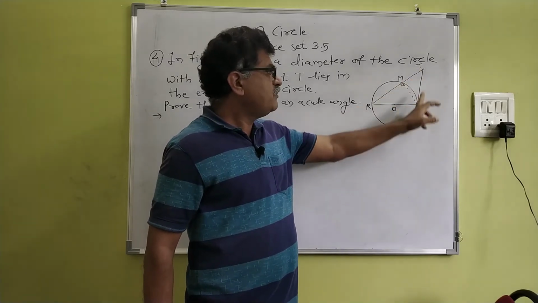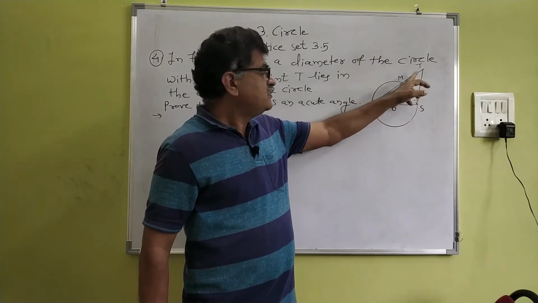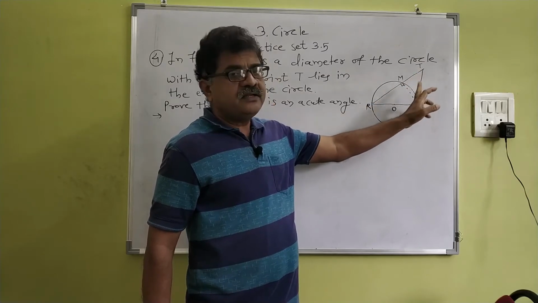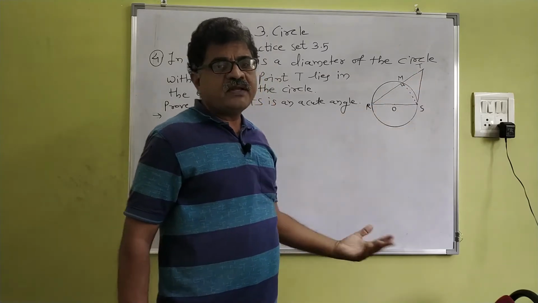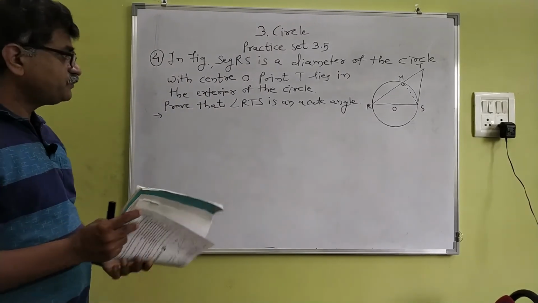Therefore triangle MTS is a right angle triangle, that is, the addition of all these three angles is 180 degrees. By using this we see how we can prove this.